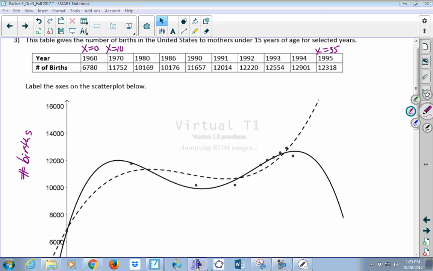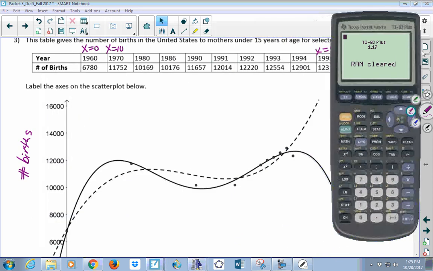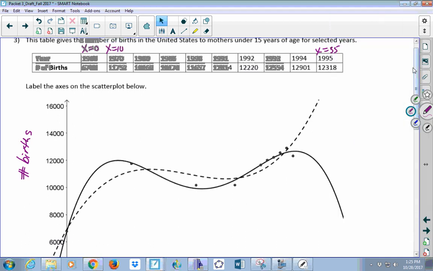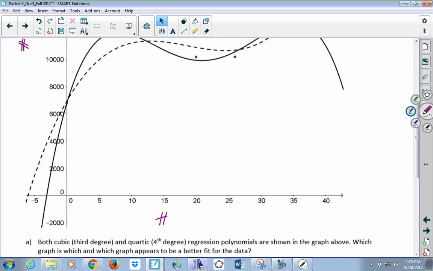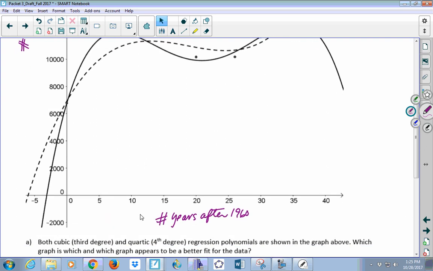Okay. So we have performed 2 regressions here. This is number of years after 1960. We have a cubic regression and a quartic.